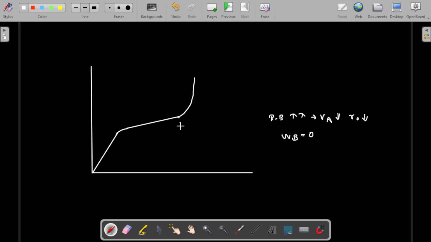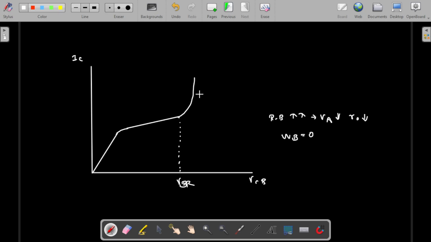The point where the breakdown occurs is termed the breakdown voltage, VBR. This is VCB and this is IC. This is the characteristic curve, the slope is because of the early effect, and after this point the breakdown will occur.